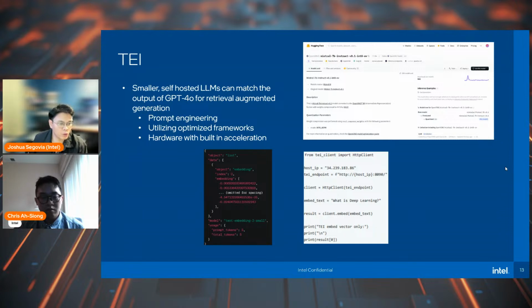Whereas if you use TEI, it's going to return an array that contains vectors within that object. So it's just a slightly different way of accessing it, but essentially it's the same. Once you retrieve that vector, you use your existing RAG workflow to contextualize your prompt. So the retrieval mechanism stays the same. Again, a fairly seamless integration for the customer.